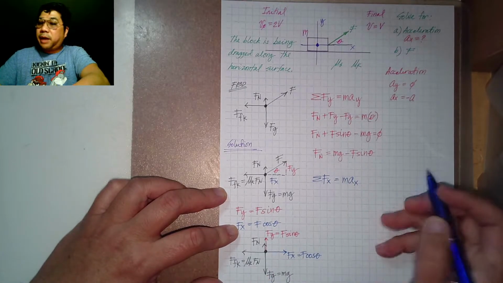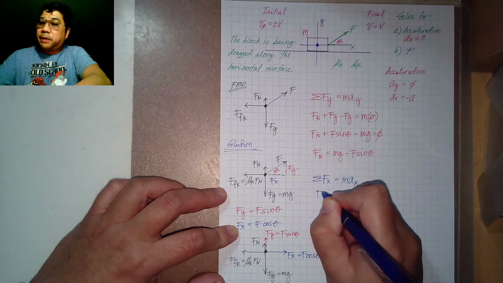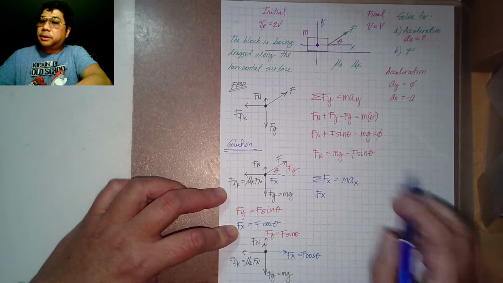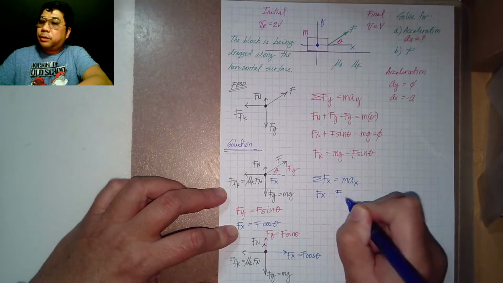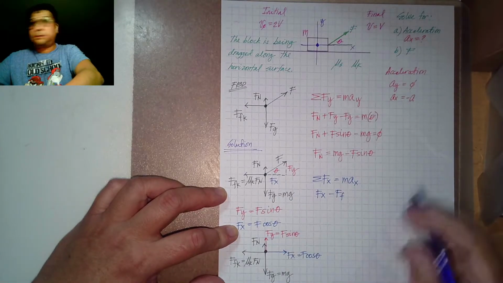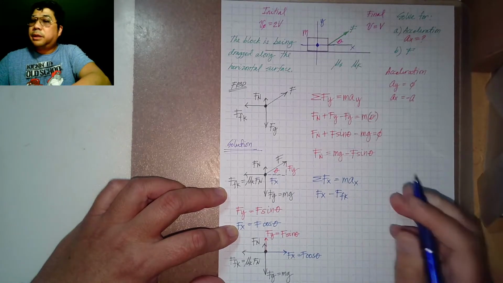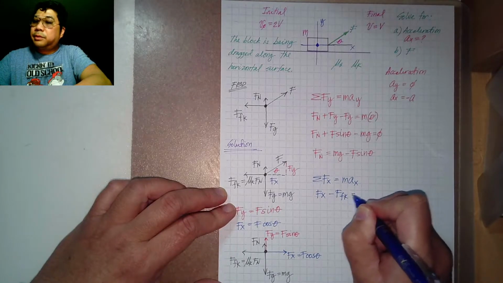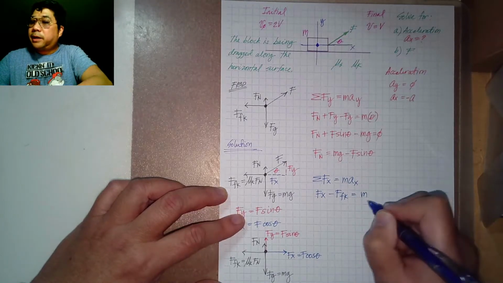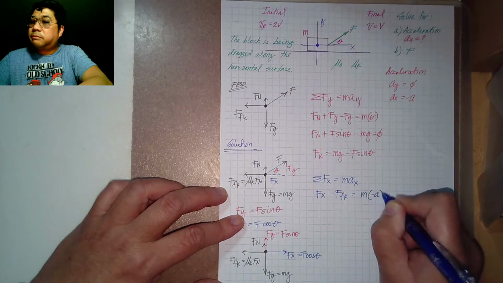Anything to the right is positive, so that's F sub x minus the kinetic friction, which is the coefficient of kinetic friction multiplied by the normal force, equals mass multiplied by negative acceleration a.